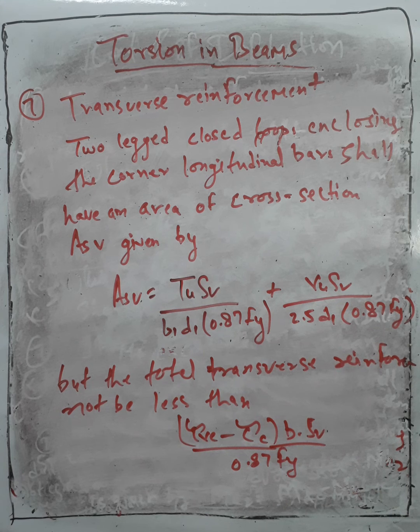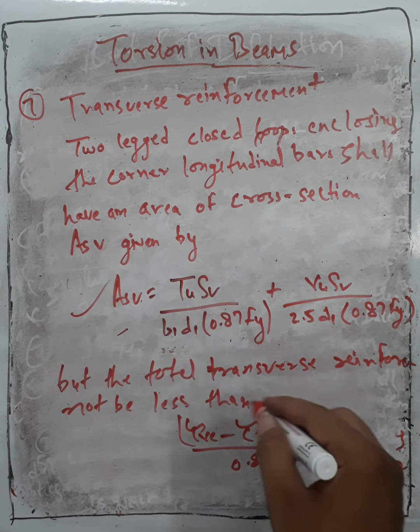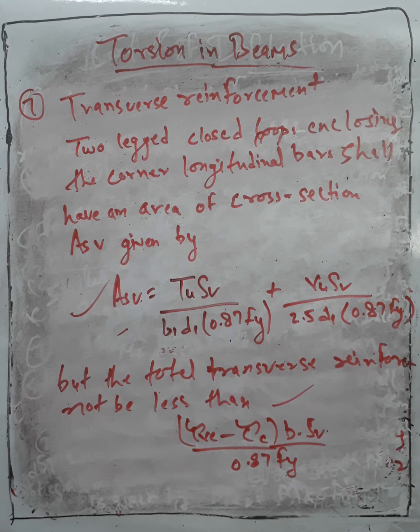So you have to provide two-legged closed hoops enclosing the corner longitudinal bars. For that you have to find the area of cross section. This is the formula for finding the area of cross section, and this area should not be less than (tau VE minus tau C) b SV upon 0.87 fy.